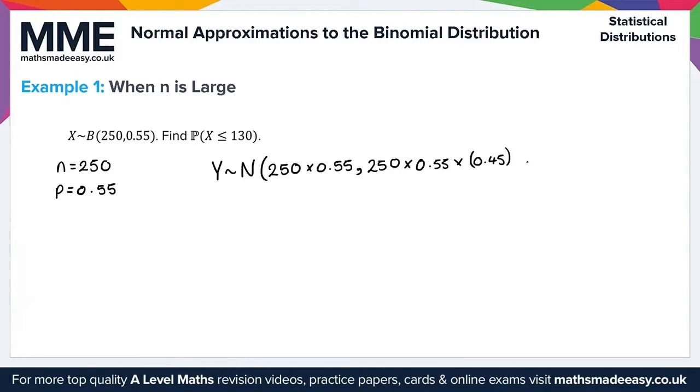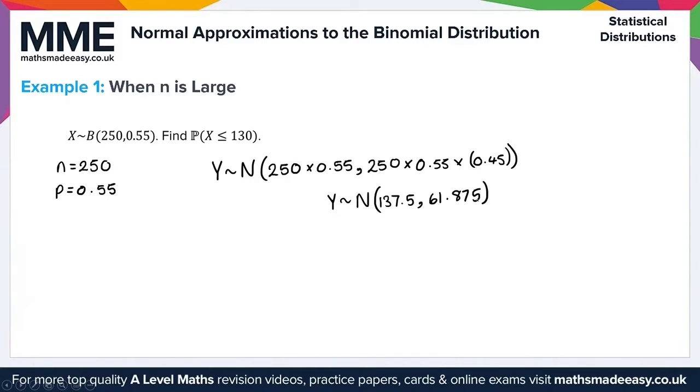So that gives us our normal distribution, which we can write, if we simplify this, as y is a normal distribution with mean 137.5 and variance 61.875.